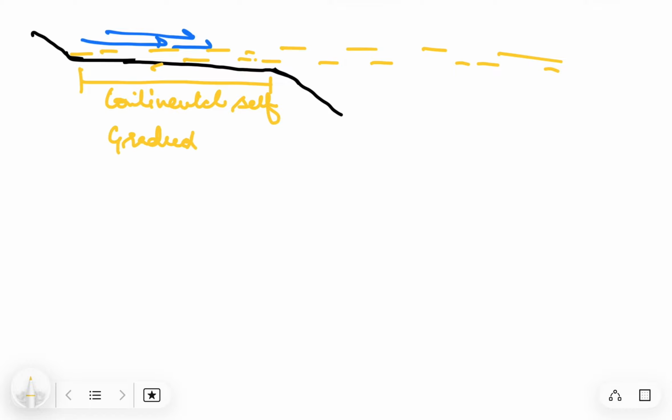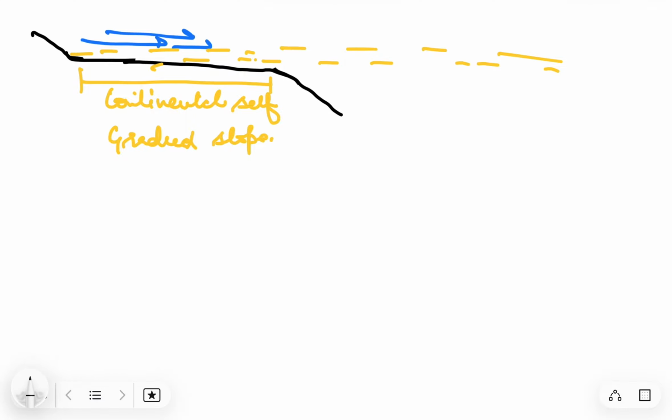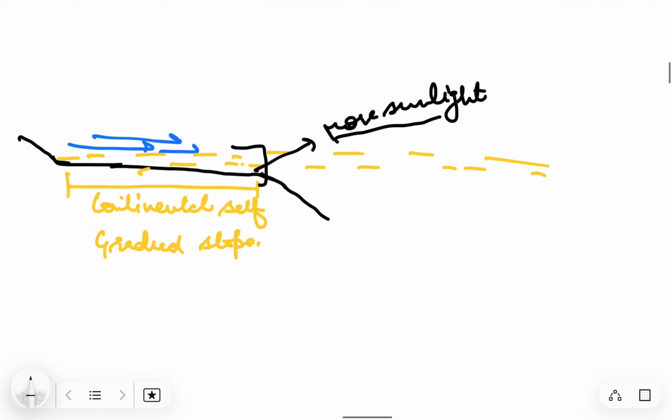Here we have the gradual slope. So here we will receive more sun rays. This area will receive more sunlight, and there will be more insolation, and in this area phytoplanktons will be more. It will be beneficial for the phytoplanktons, and this area receives most of the sunlight. So this area is known as the photic zone.